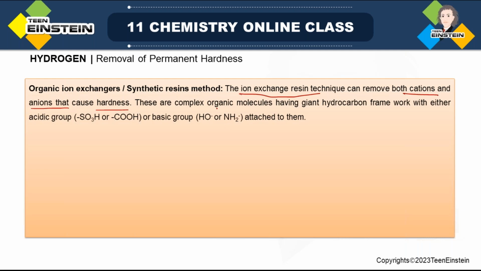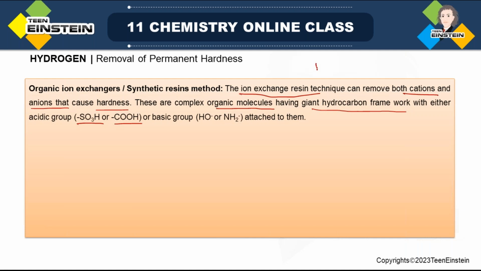So in this case, these are basically complex organic molecules having a very large structure, a giant hydrocarbon framework, carbon hydrogen framework. But we are not interested in the total structure. We just have to understand that in this giant structure there are these two types of groups. Now these groups are acidic groups.